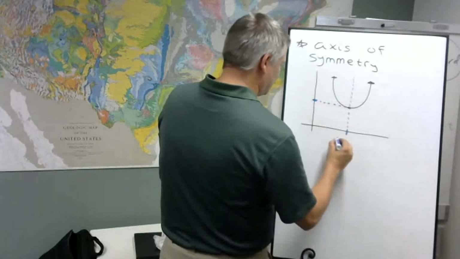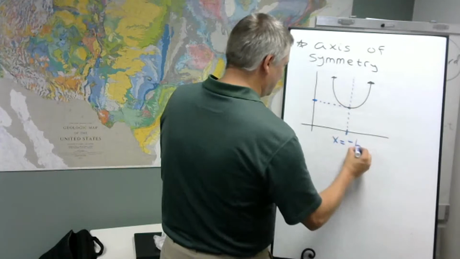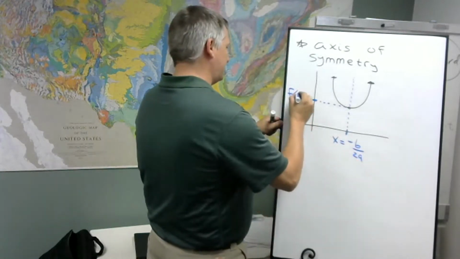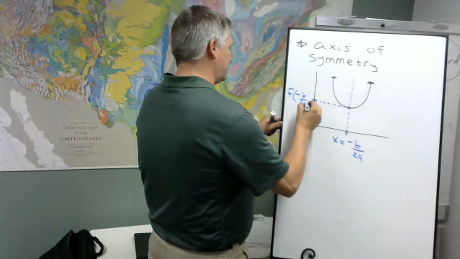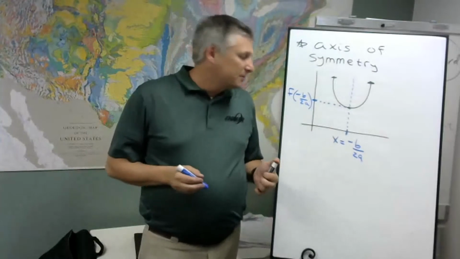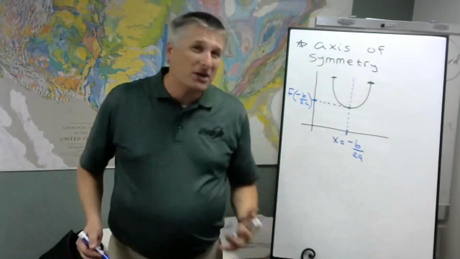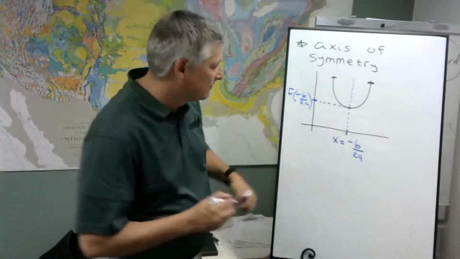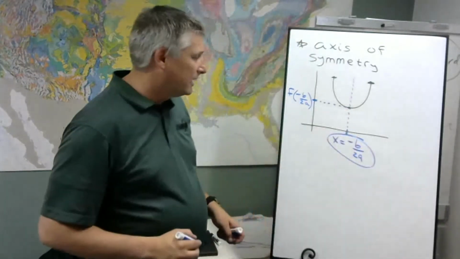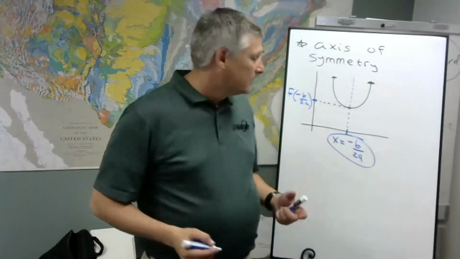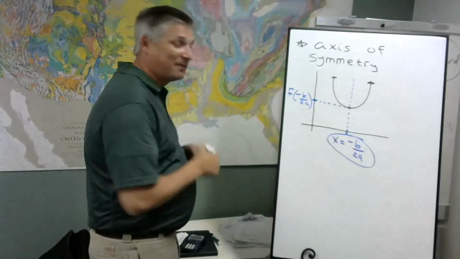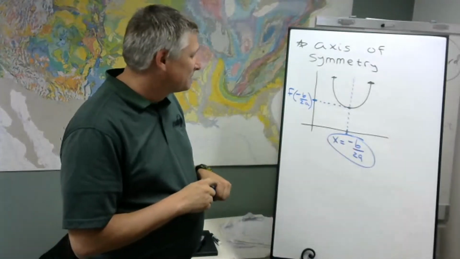And so this is x is negative b over 2a, and this is f of negative b over 2a. So one of the questions that's going to come up in this section is find the equation for the axis of symmetry. Well, that's it. It's a vertical line. X equals negative b over 2a.